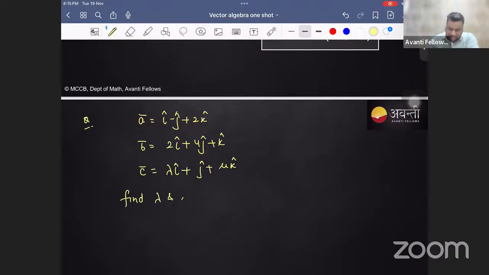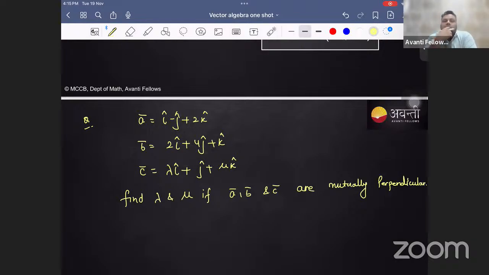Find lambda and mu if A, B, and C vectors are mutually perpendicular. Yes. How do you do it? Tell me.